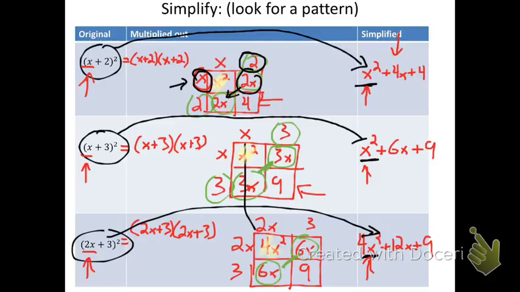So x times 2 is 2x, and then you double it to get 4x. X times 3 is 3x, then you double it to get 6x. 2x times 3 is 6x, and you double it to get 12x.